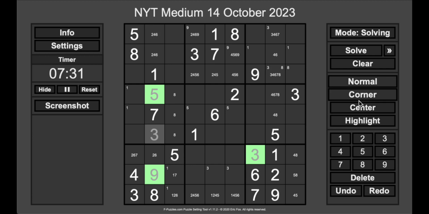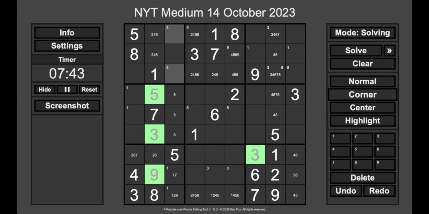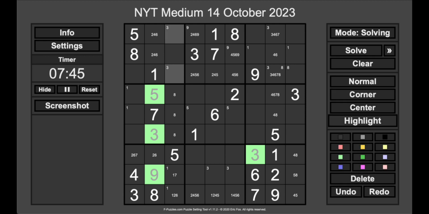That's a 3. So these 2 3s now force a 3 in one of these 2. Wait a minute. Right? Yeah, if I could come up with a third 2, 4, 6, I'd know the rest of that cell in box 1, but I don't think I know that just yet.